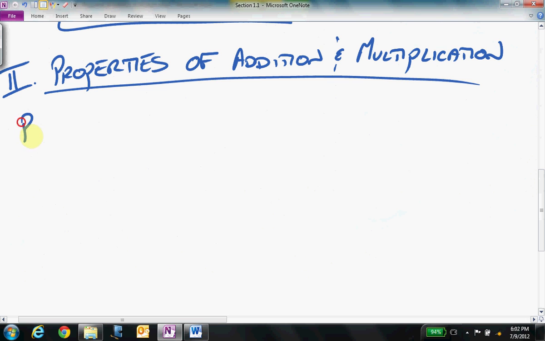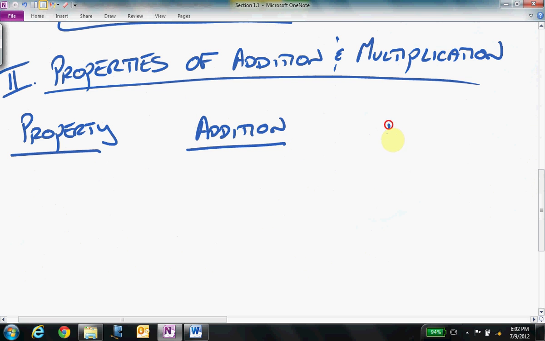On the left side, we're going to have our property. Then we're going to look at the addition aspect of it, and then the multiplication aspect. We want to make sure we spell it correctly. There we go. Alright, so we're going to look at 5 different properties.